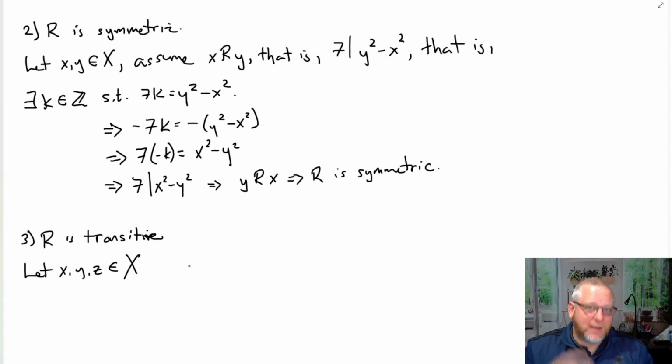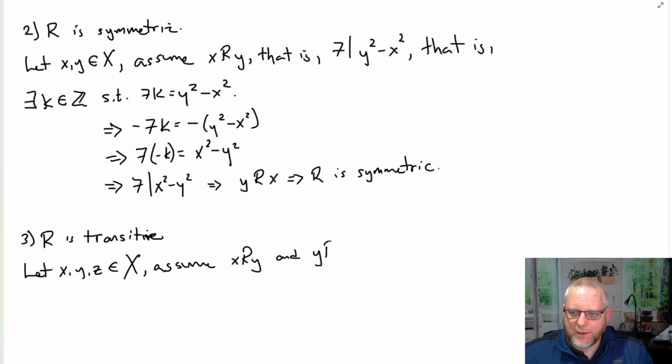And remember what I just said. It's an if. If x is related to y, and y is related to z, oh, so I assume the if. Always the same thing. Assume the if. Assume that x is related to y, and in this case, the if is an and statement, right? Assume both. Assume x is related to y, and y is related to z.